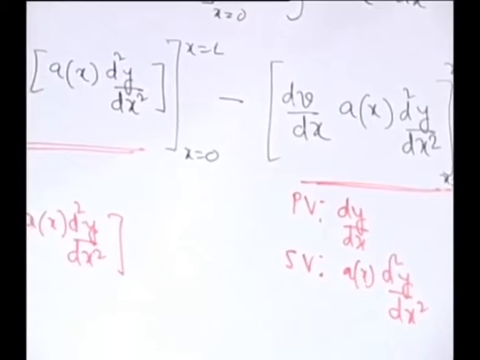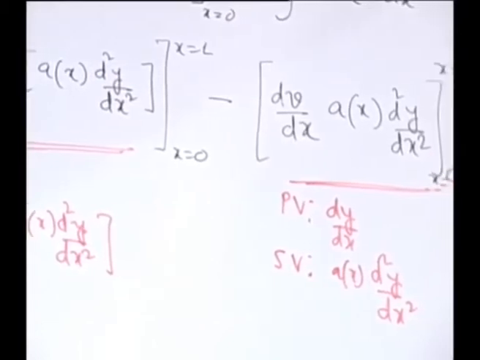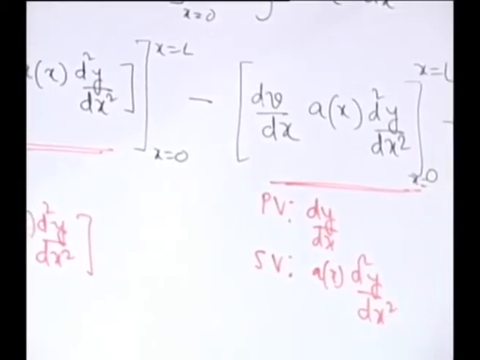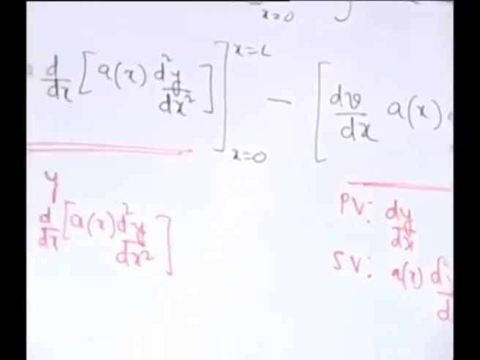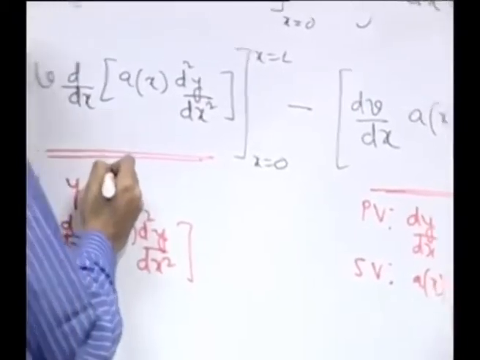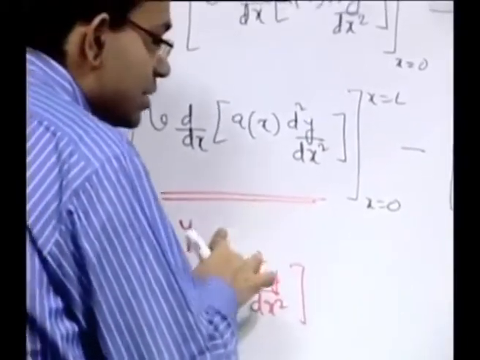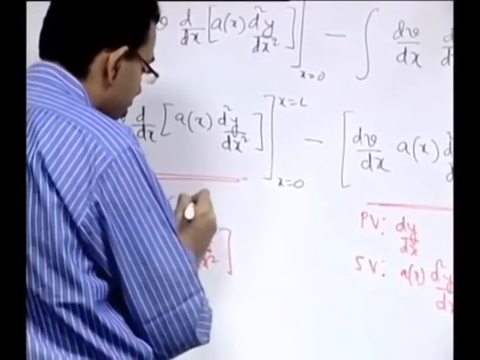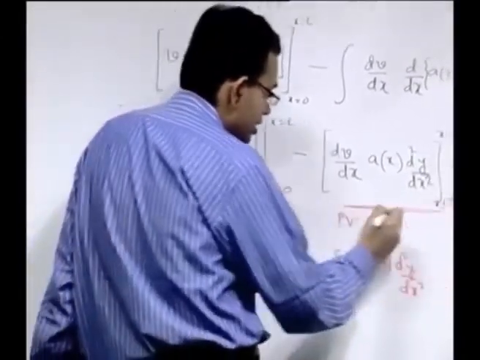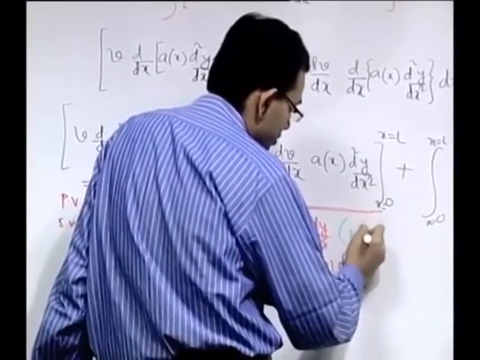So, what could be the possible boundary conditions that you could specify? What could be your possible essential boundary conditions? So either y specified or dy dx specified. So this could be essential boundary condition, this could be essential boundary condition.